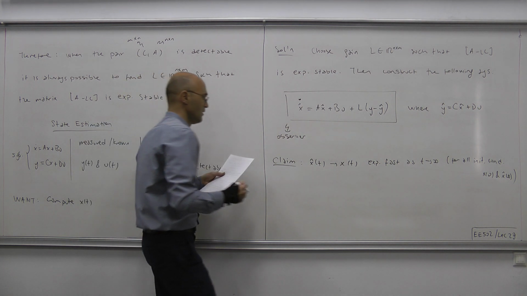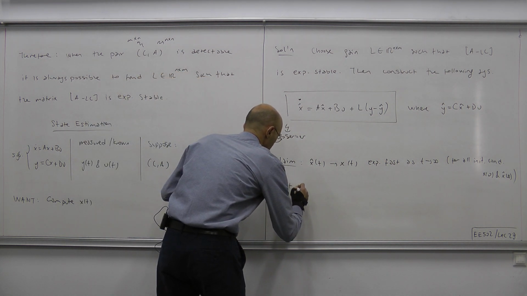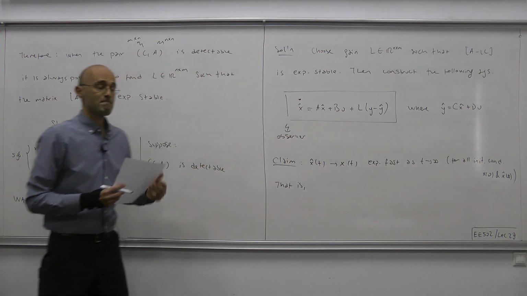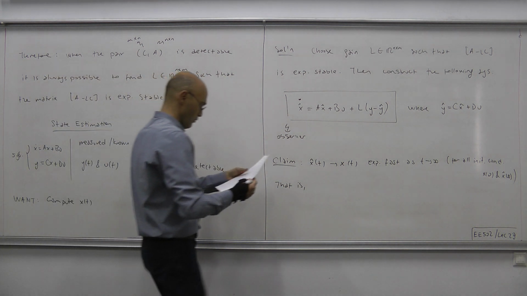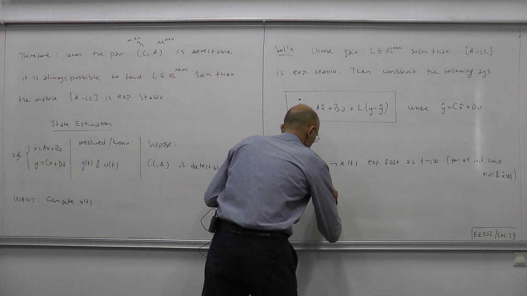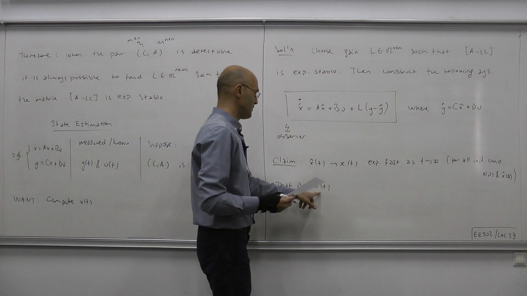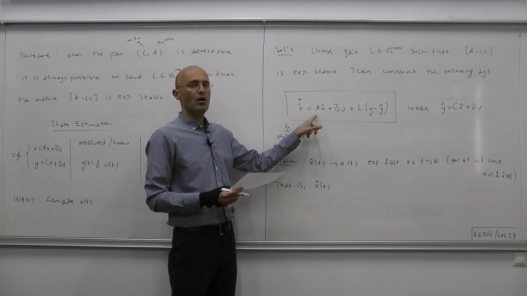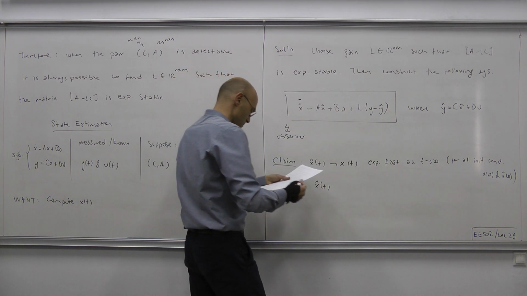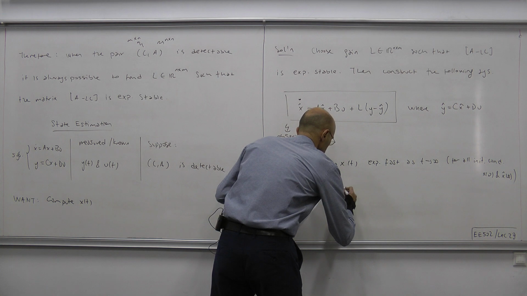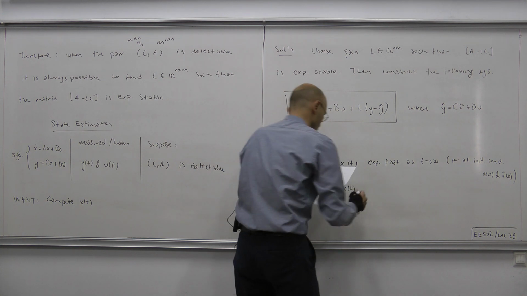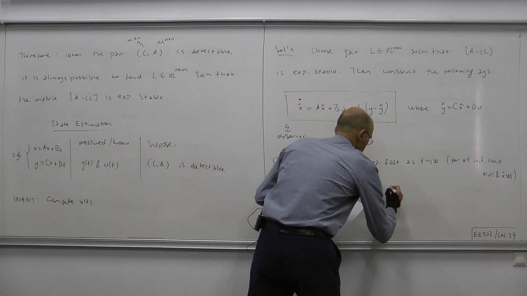In other words, after a while, for all practical purposes, you can say, I know what x of t is, and that knowledge will be produced by your computer. So x hat of t approximately equals x of t for large t.